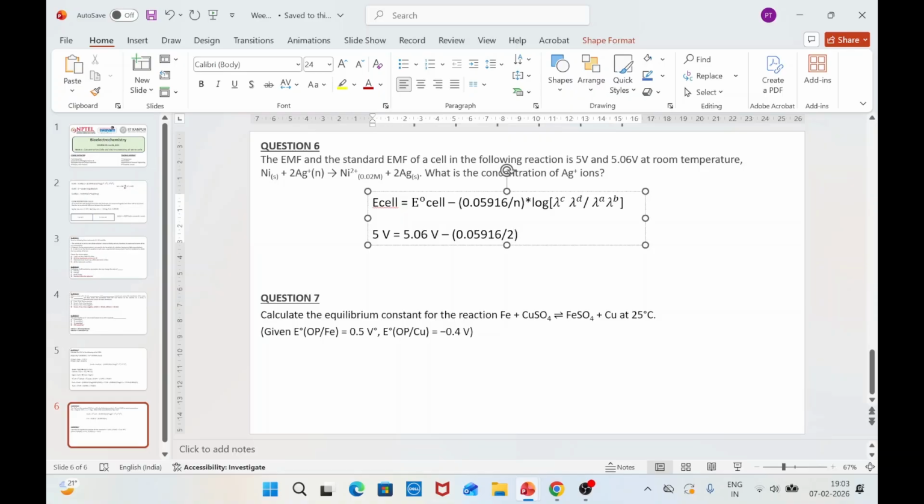2 times log of the concentration of the nickel 2 plus ion, so that is going to be 0.02, divided by the concentration of the Ag plus ions.